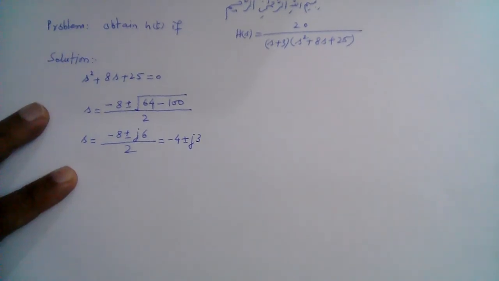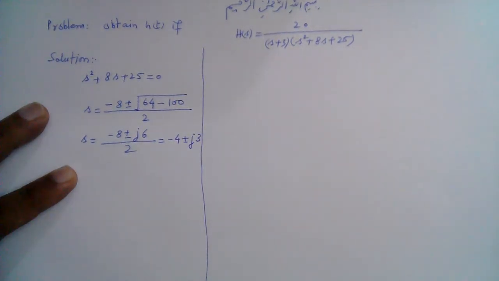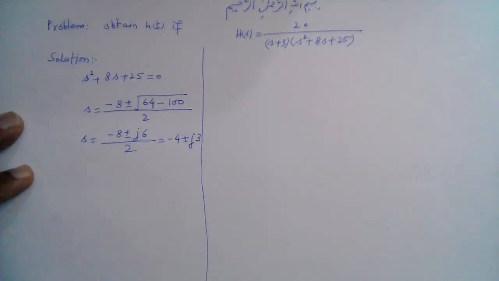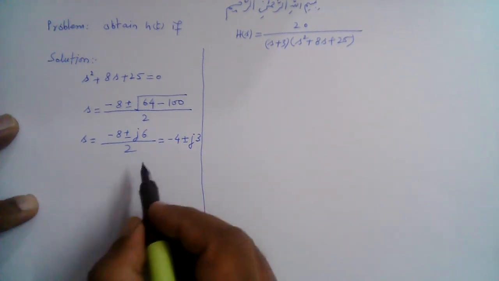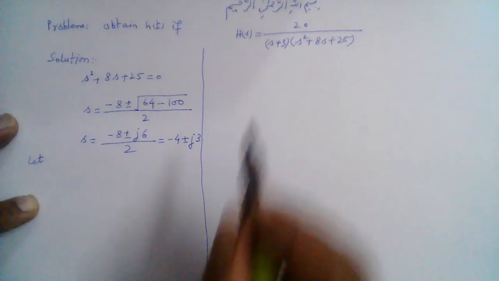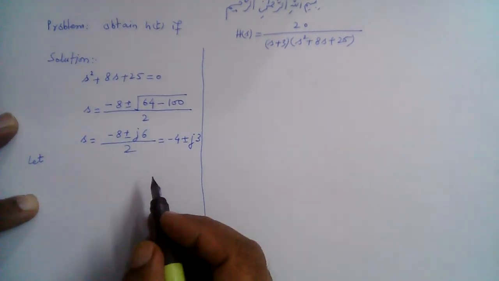So we have a complex conjugate pair of poles. We can employ partial fractions to simplify this term and then find the inverse Laplace transform.